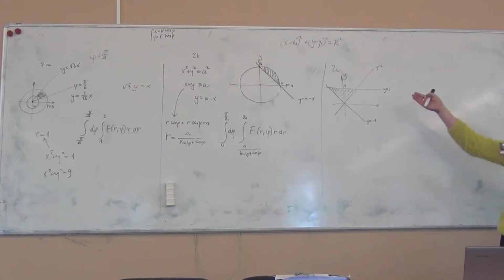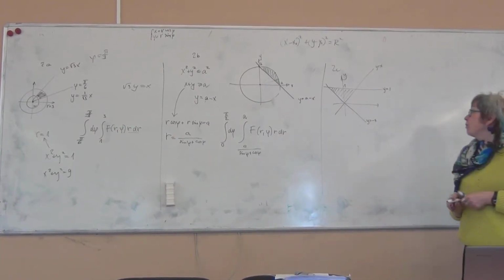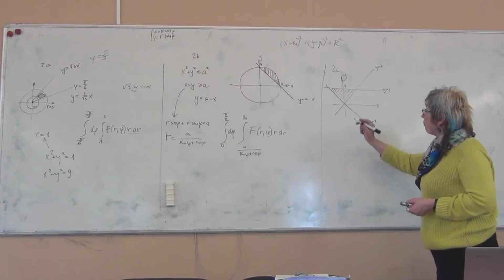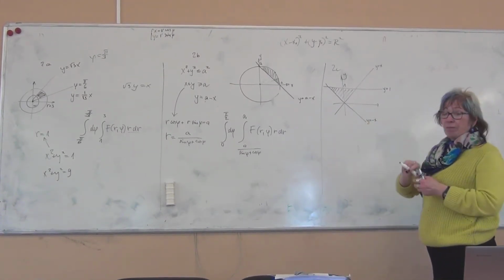And the second factor is the function itself. Ideally, we move to polar coordinates when both the boundaries and the function are better off in polar coordinates. If one of them is better in polar coordinates and the other one in the Cartesian coordinates, then it's 50-50.